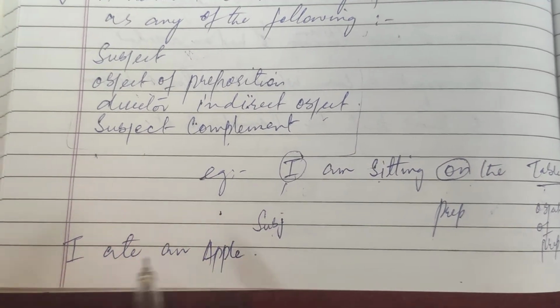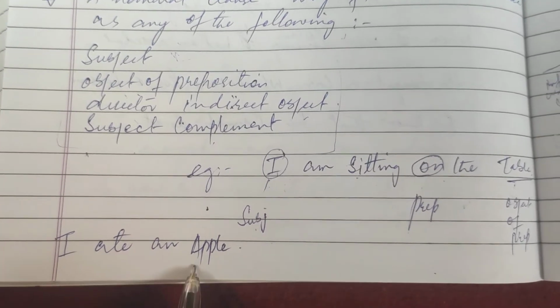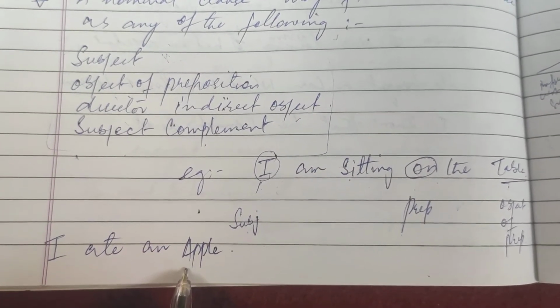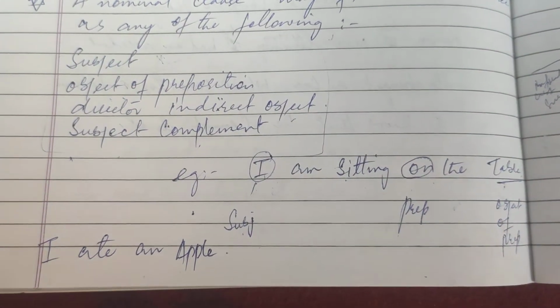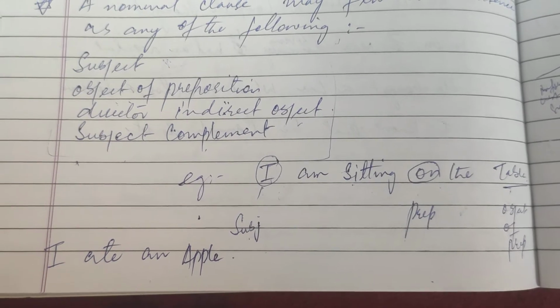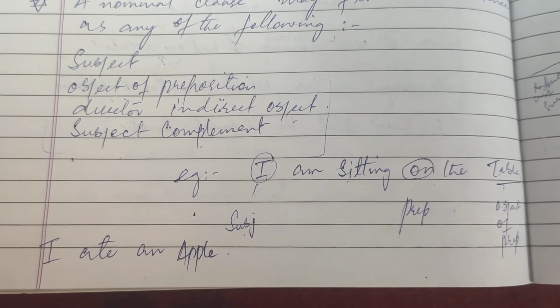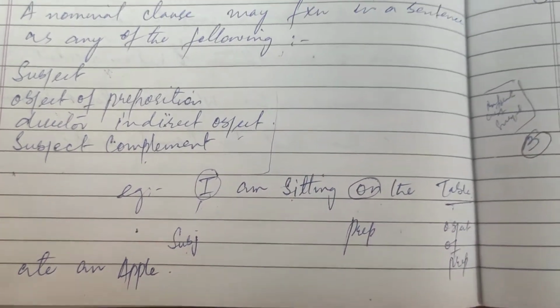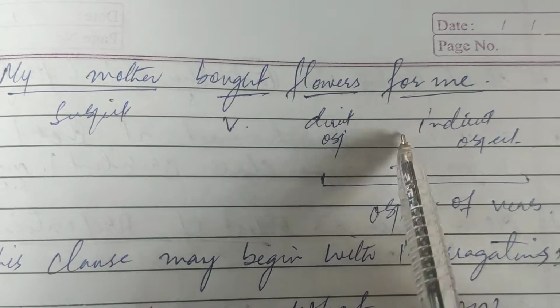I ate an apple. Here it is a subject. I am just making you understand what object of preposition is. Subject is the doer; verb you know; preposition and object of preposition. Now we will see direct and indirect object. The example: My mother bought flowers for me.